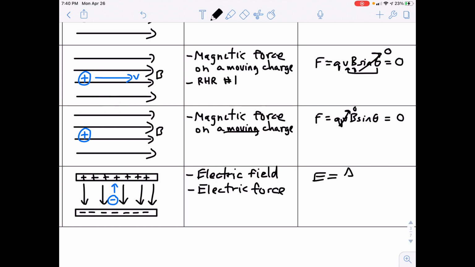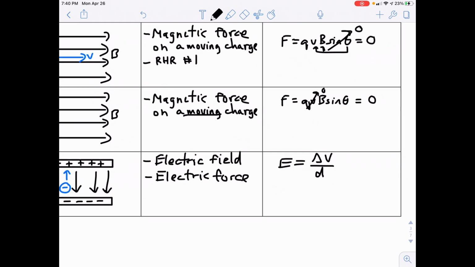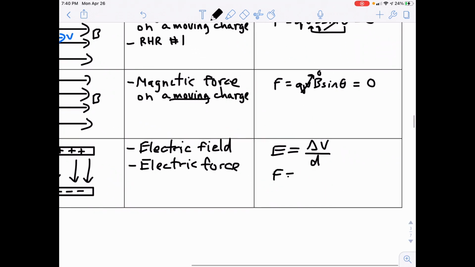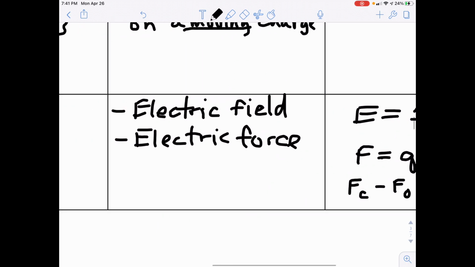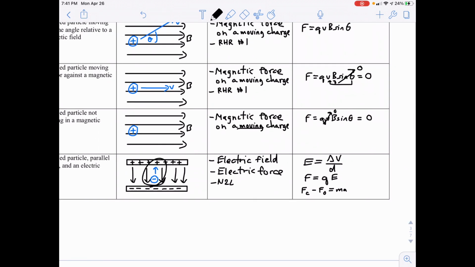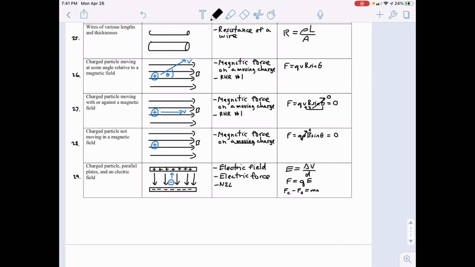So field is the potential difference between the plates divided by the distance between the plates. Force is charge times field. And you also need Newton's second law occasionally. Causing force minus opposing force equals ma, as a charge accelerates from one plate to the other.